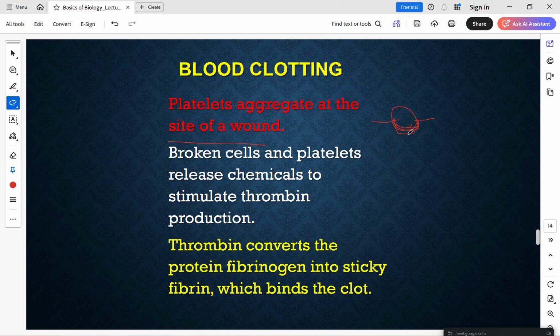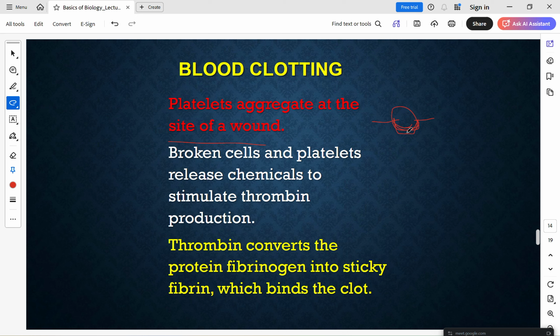Usually, the capillary bed is covered by different components that make sure that the platelets remain in circulation, they don't stick there. If there is an injury, the extracellular matrix proteins, which are the proteins present outside of the cell, which make the meshwork that make sure that the cells don't move around, is damaged.